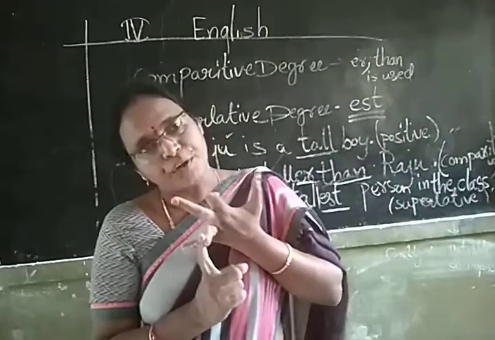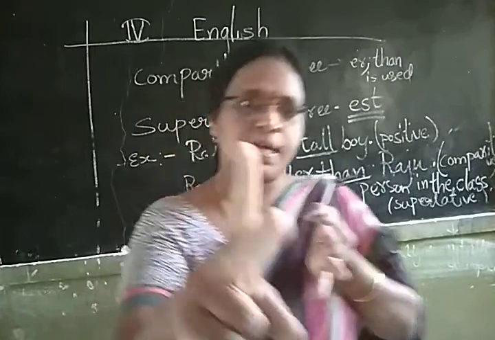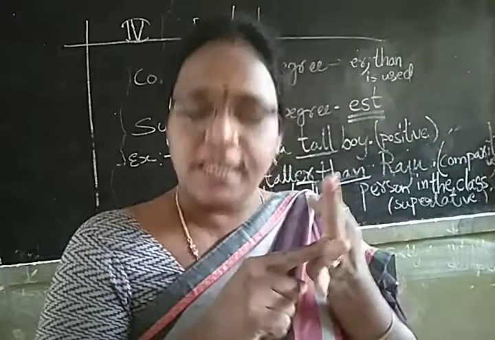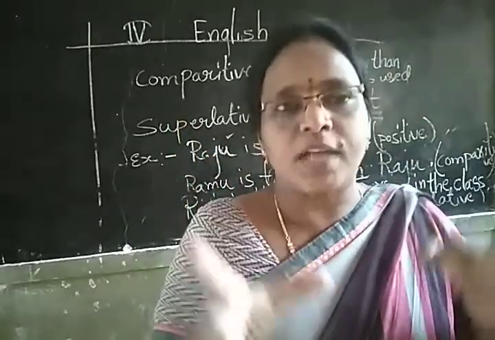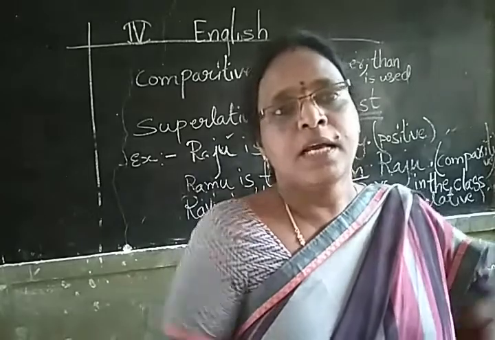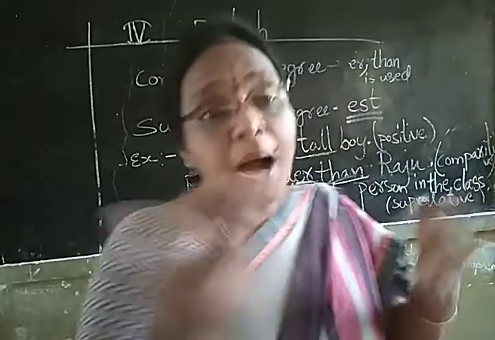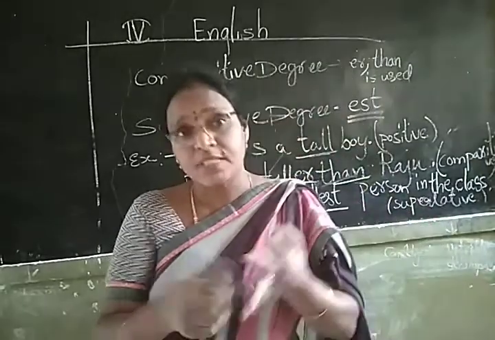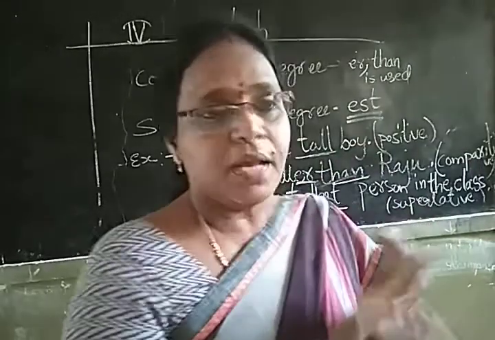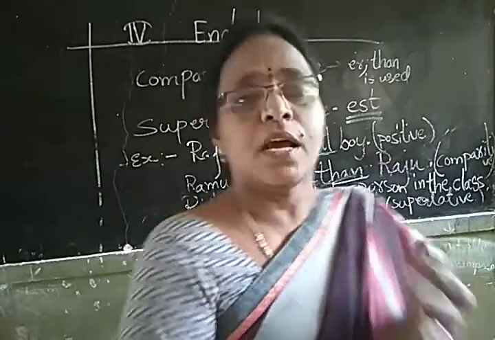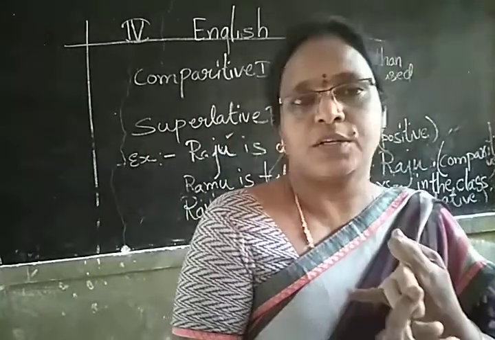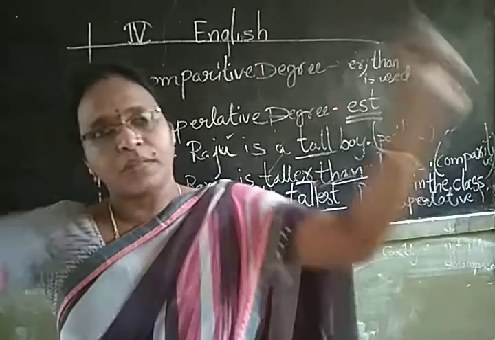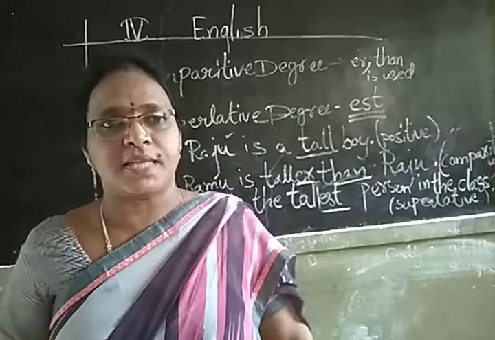Comparative degree, we are going to talk about 2 persons, and we use er and than, because taller than, shorter than, bigger than, smarter than. Er is used side by side, than is used in the comparison. In the superlative degree, we are going to talk about only one person among the whole.